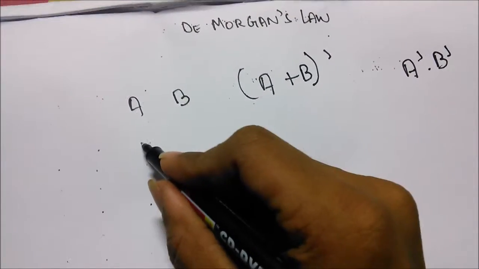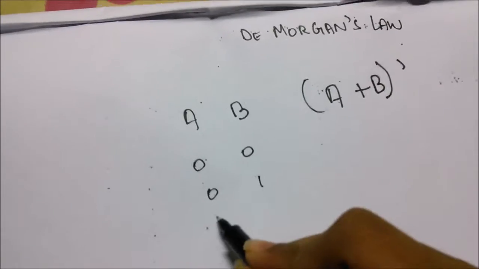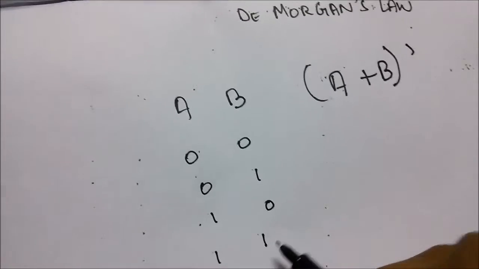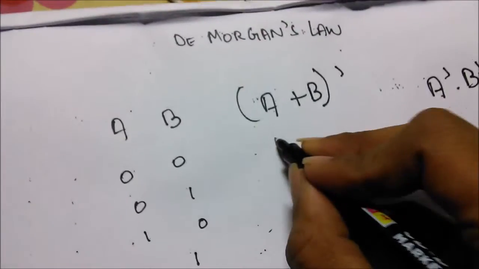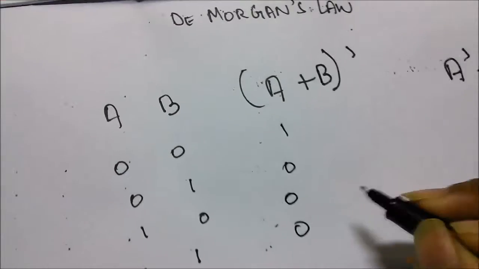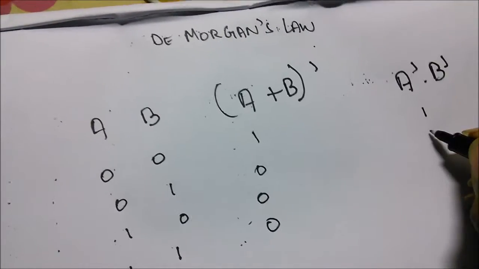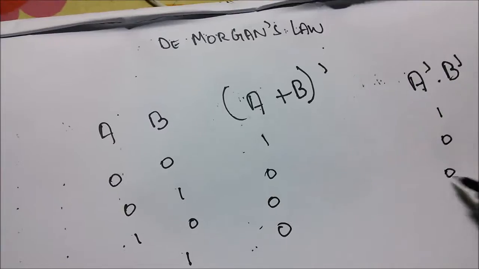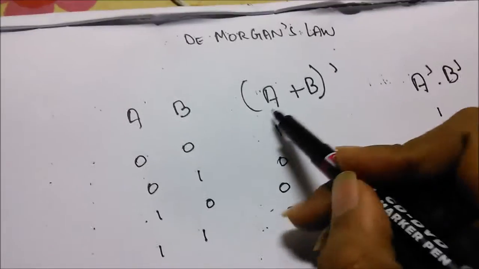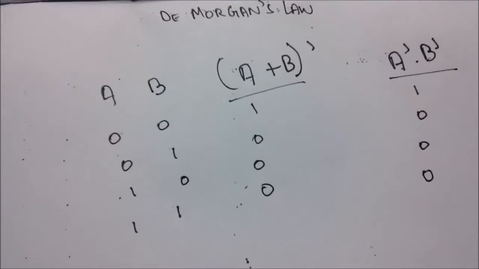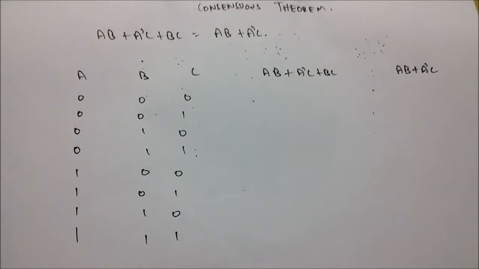Now for the inputs 00, 01, 10, 11, we have a plus b the whole complement as 1, 0, 0, 0. As we can see, the solution of a complement dot b complement is the same as a plus b the whole complement, and since these two columns are equal, De Morgan's law holds true.